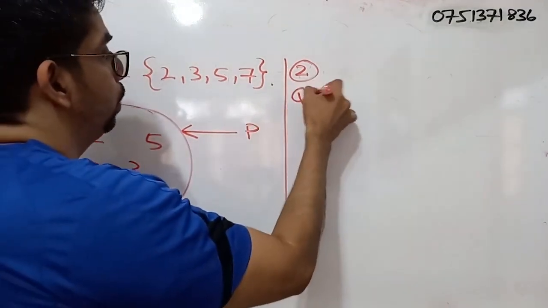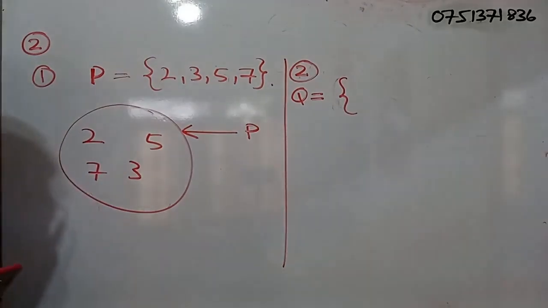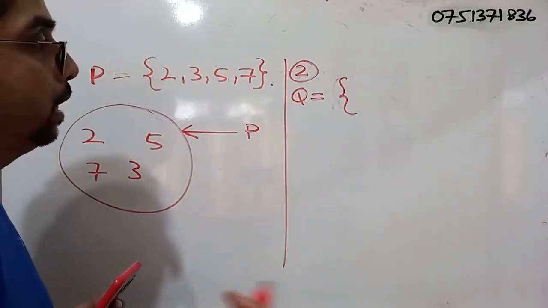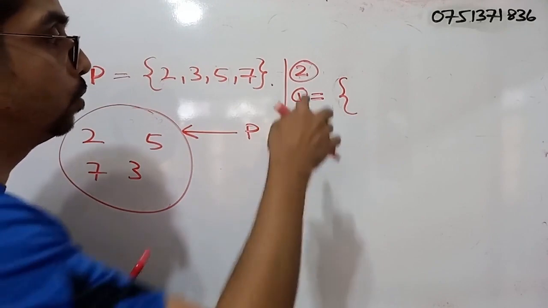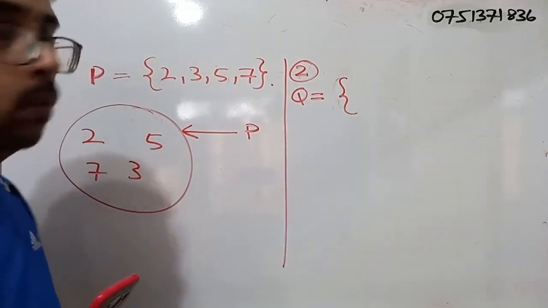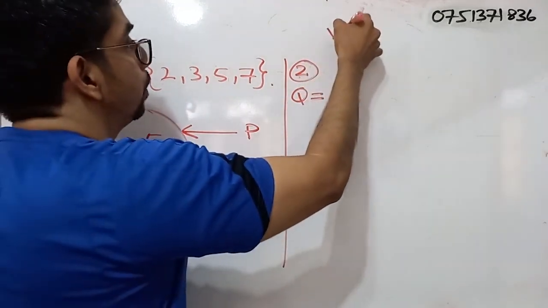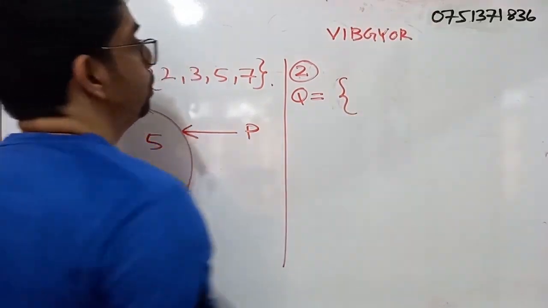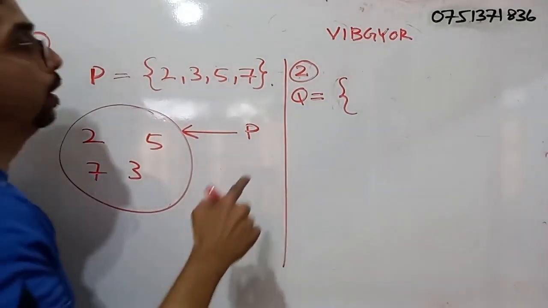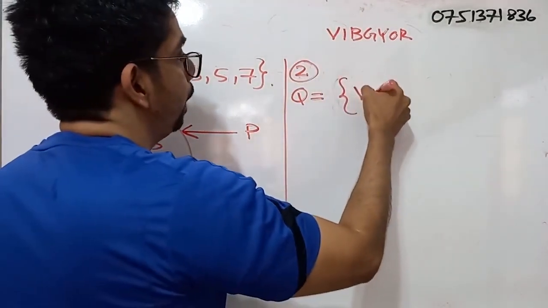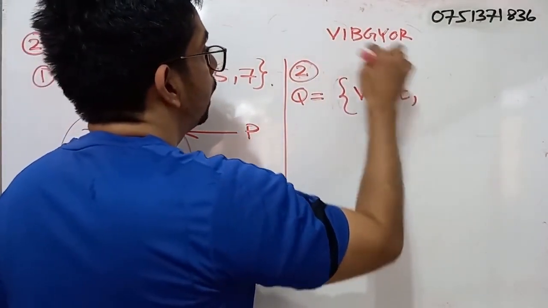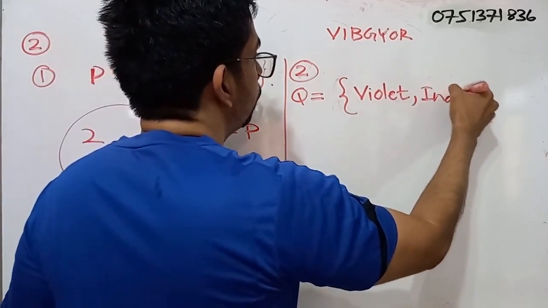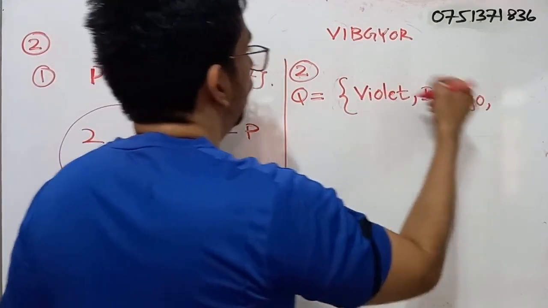So Q equals what? How do we remind ourselves about the colors of the rainbow? We use the term VIBGYOR, no? Maybe you know this. So V stands for violet, I stands for indigo, right?